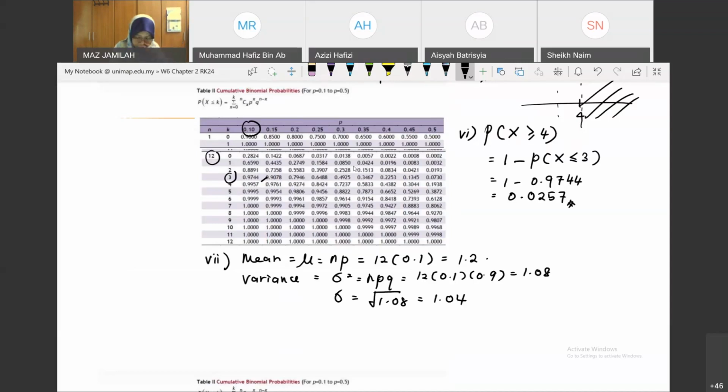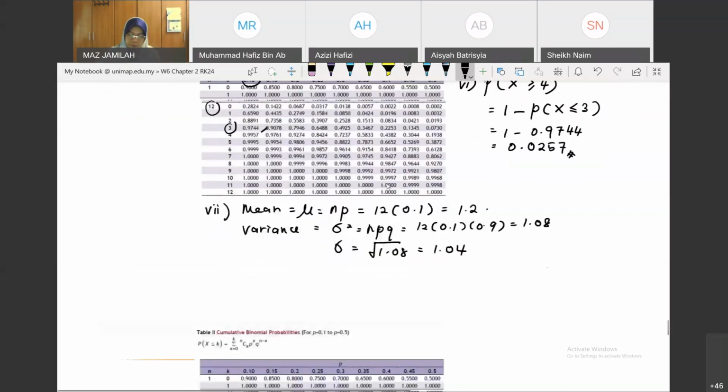So how do we interpret this value? Remember we have 12 invoices.